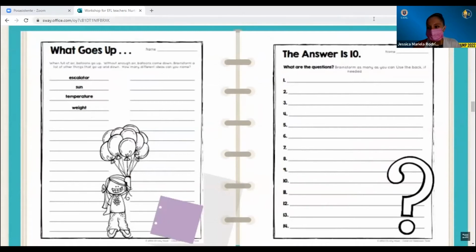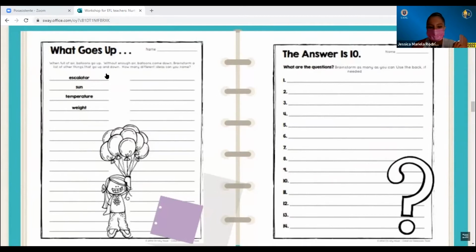And here we have the first 2 activities, okay? I'm going to ask you to choose only one, because we only have almost 1 hour and 10 minutes. The name of the first activity is What Goes Up?